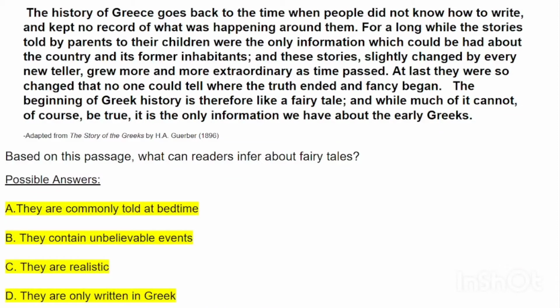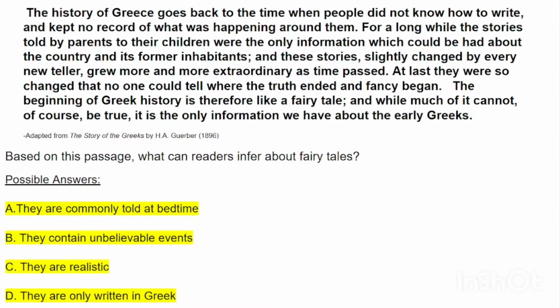So for a long time, the stories told by parents to their children were the only information which could be had about the country and its former inhabitants. And these stories, slightly changed by every new teller, grew more and more extraordinary as time passed.